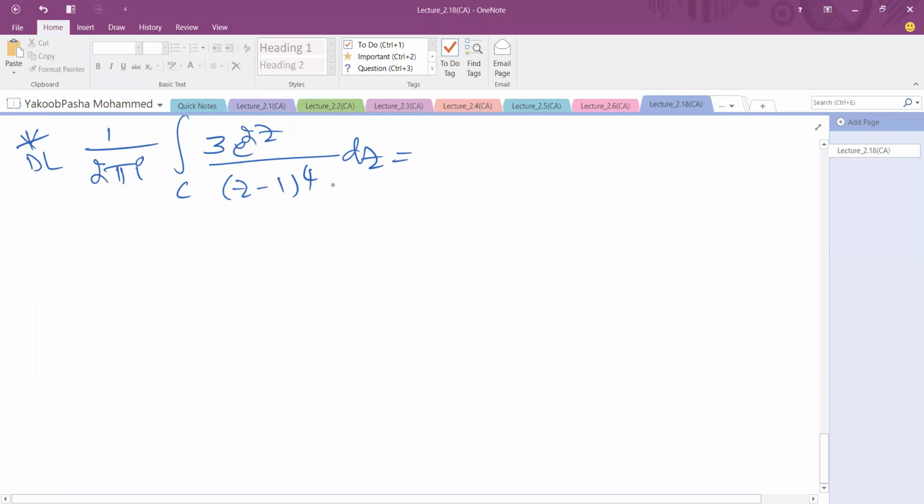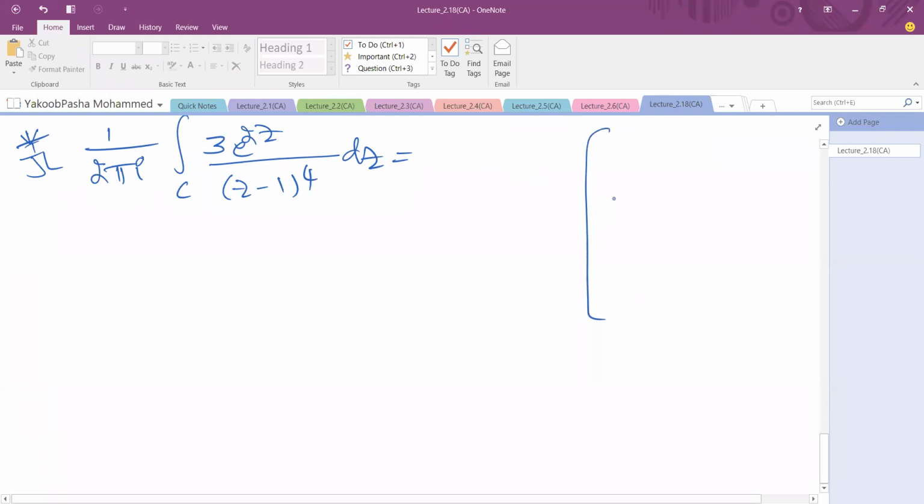Okay. I'm sorry, it is a JAM question. We can just calculate the integral value. For this, we have to calculate the residues.